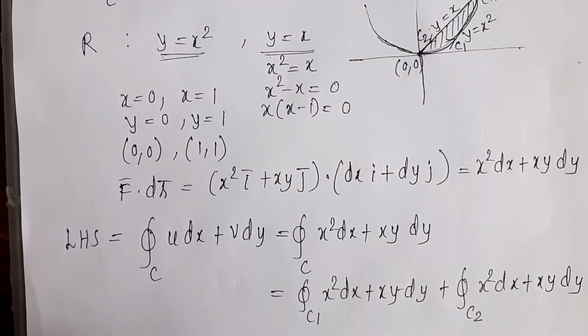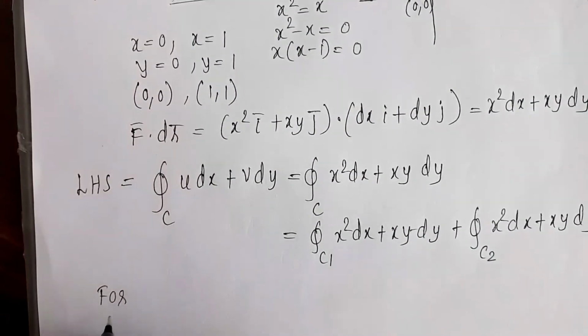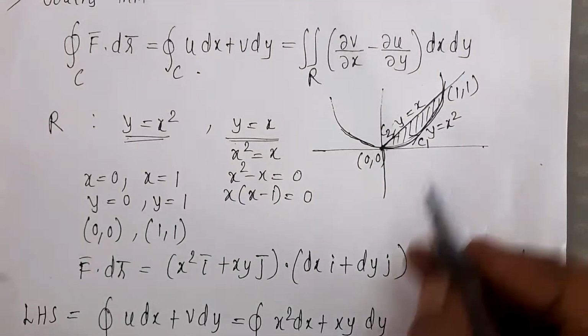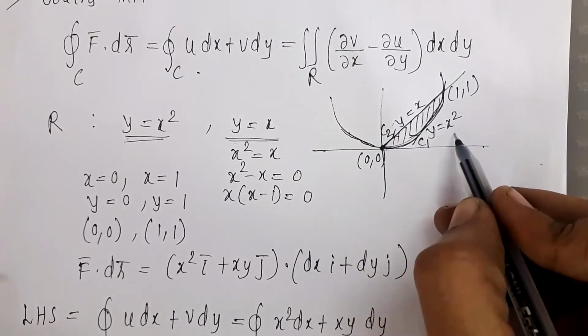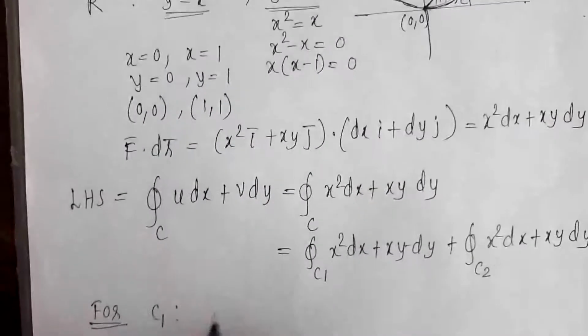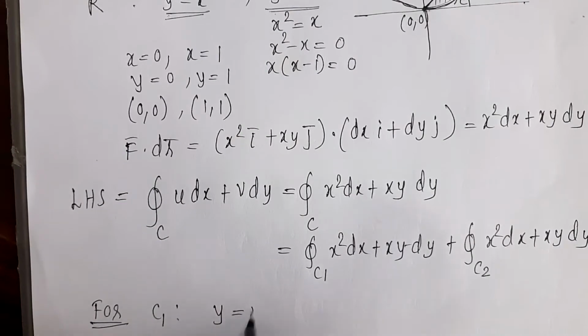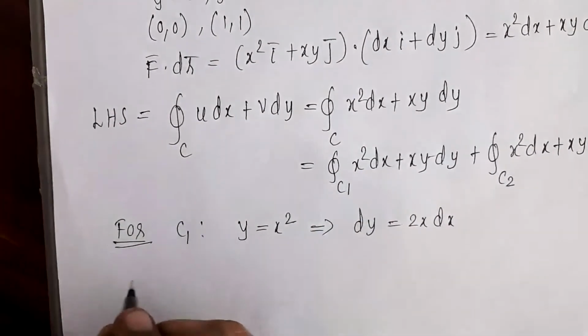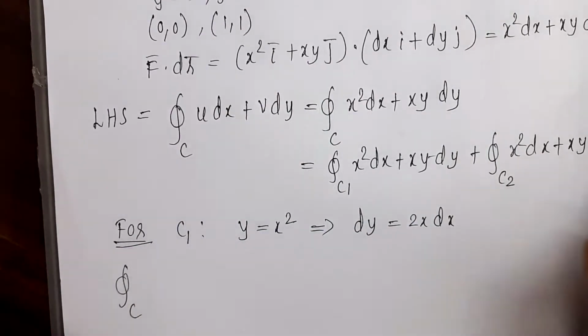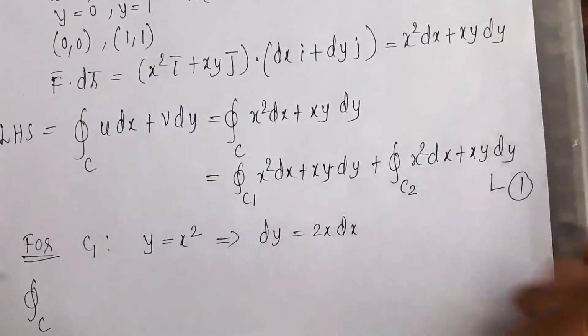Now for C1, if we observe carefully, the equation of this curve is y = x². So for C1, y = x², and its derivative is dy = 2x dx. Substitute in this integral over C1, call this equation number 1.